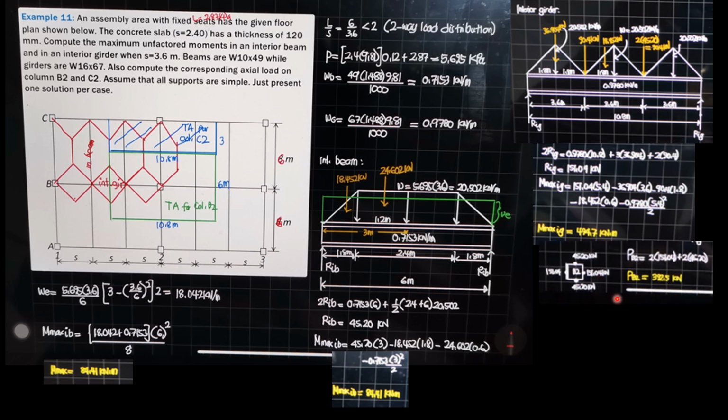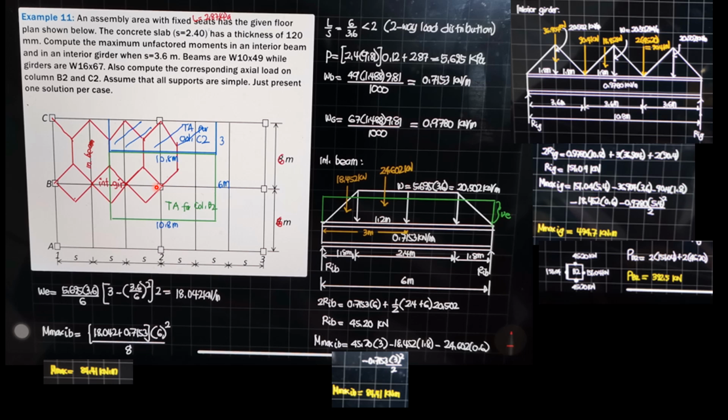Then for the axial load on column B2 here, take note that there are two interior girders attached to it. At the left, the reaction should be transmitted there, and this is equal to the reaction at the interior girder.